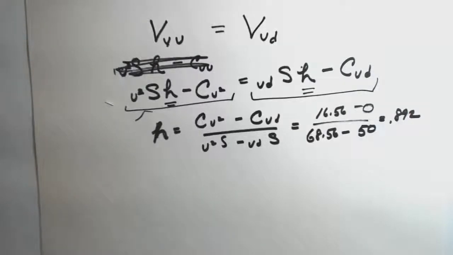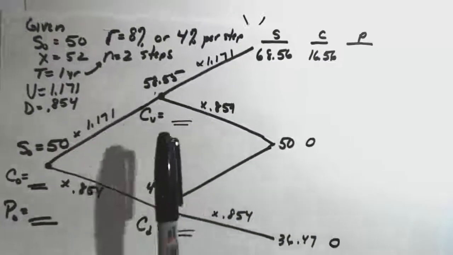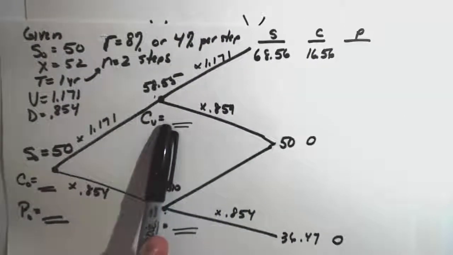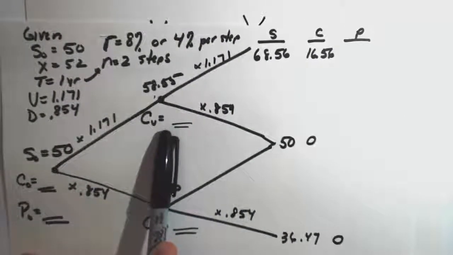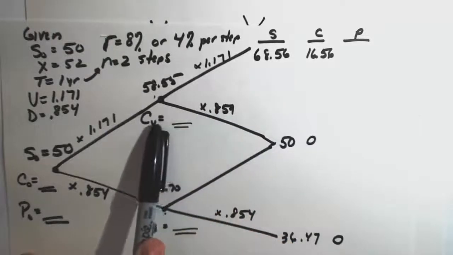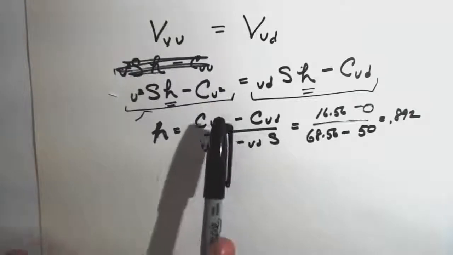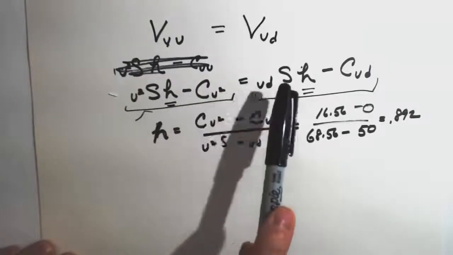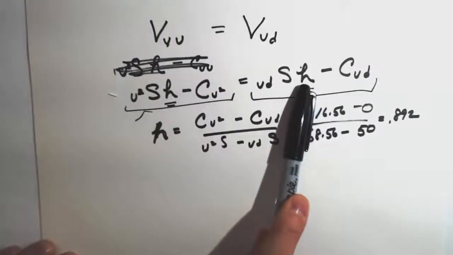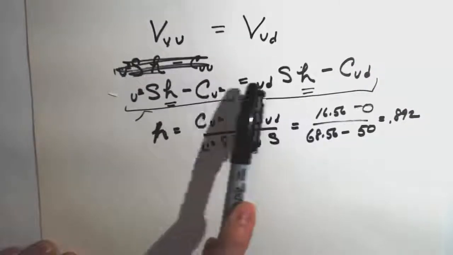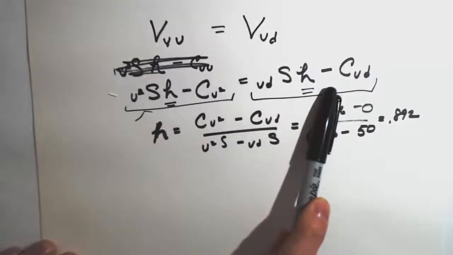We're forming the portfolio right at this point. And so it's riskless, meaning it doesn't matter if we go up or go down. Because why doesn't it matter? Because it doesn't matter if we go up and then down, because they're both equal. So if they're both equal, there's no risk involved.